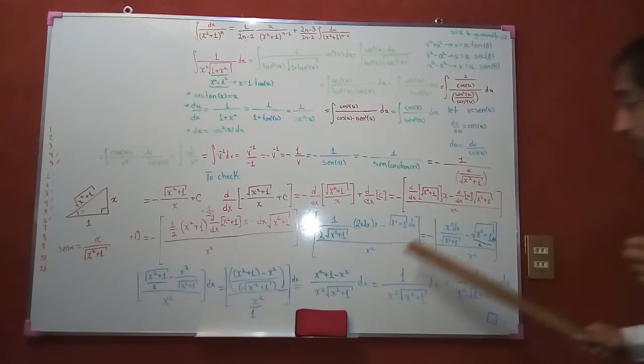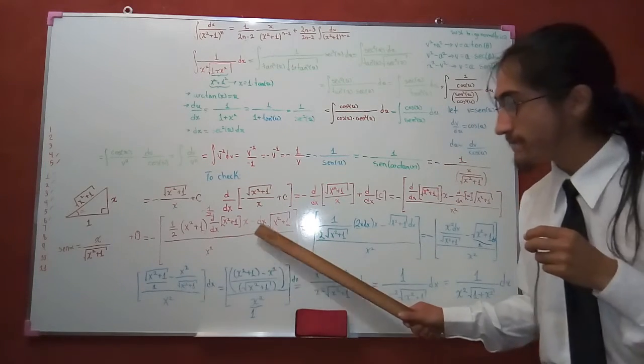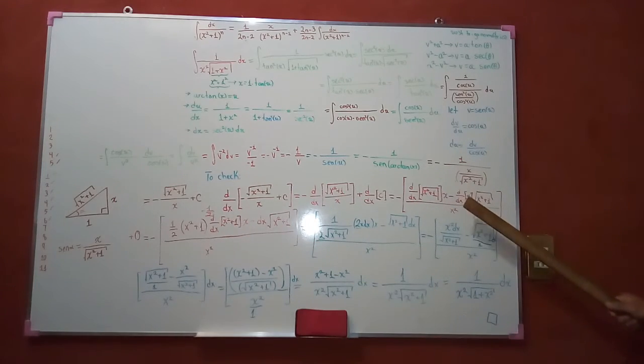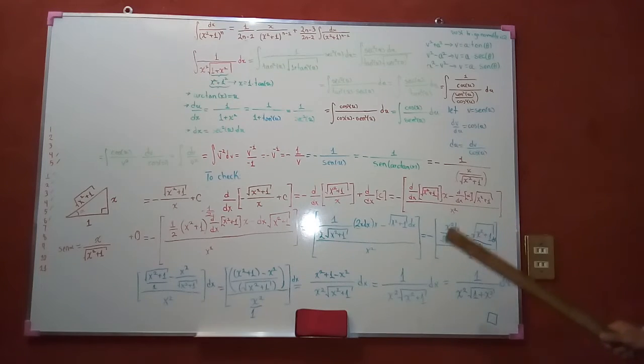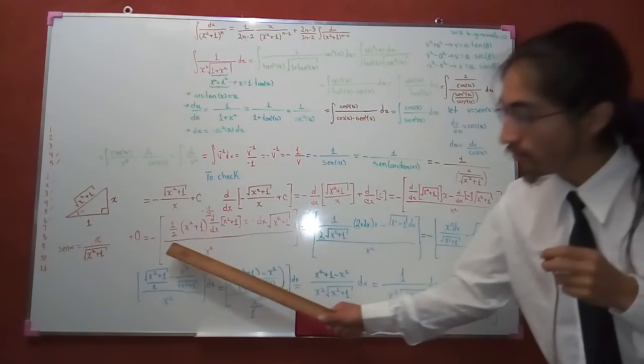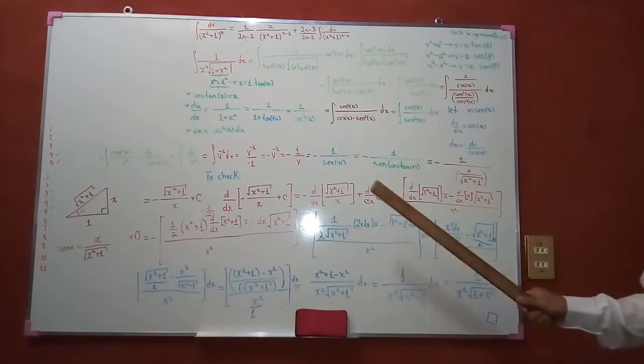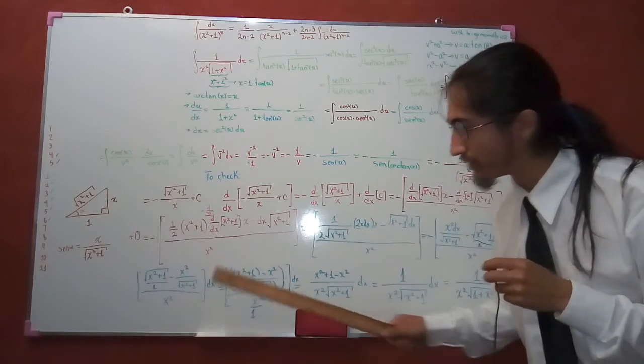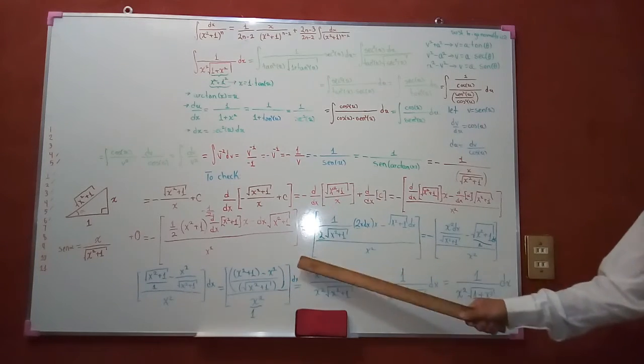All this number multiplied by x minus the derivative with respect to x of x, which is dx, multiplying the square root of x squared plus 1. All this polynomial divided by x squared, closed parentheses.